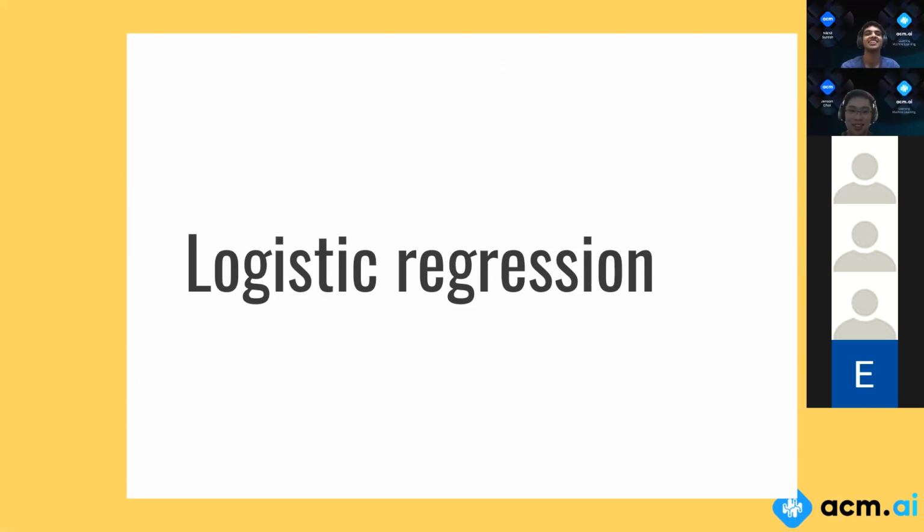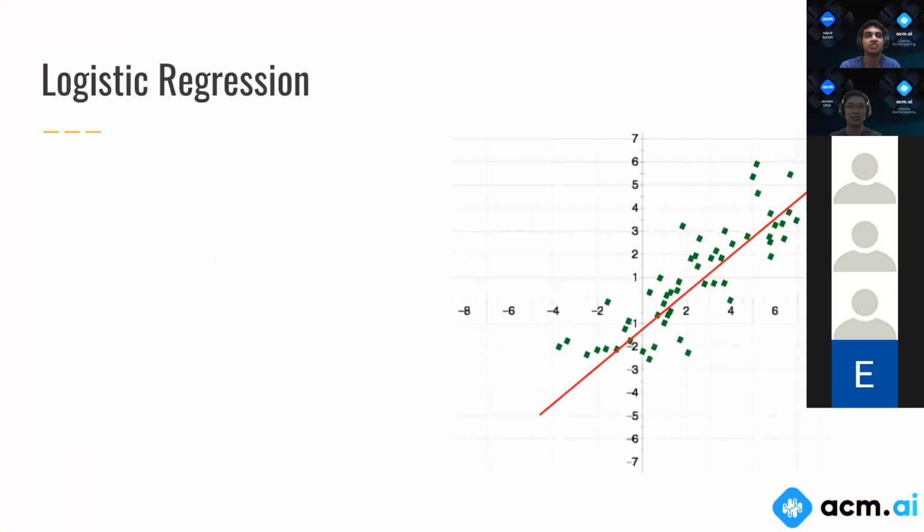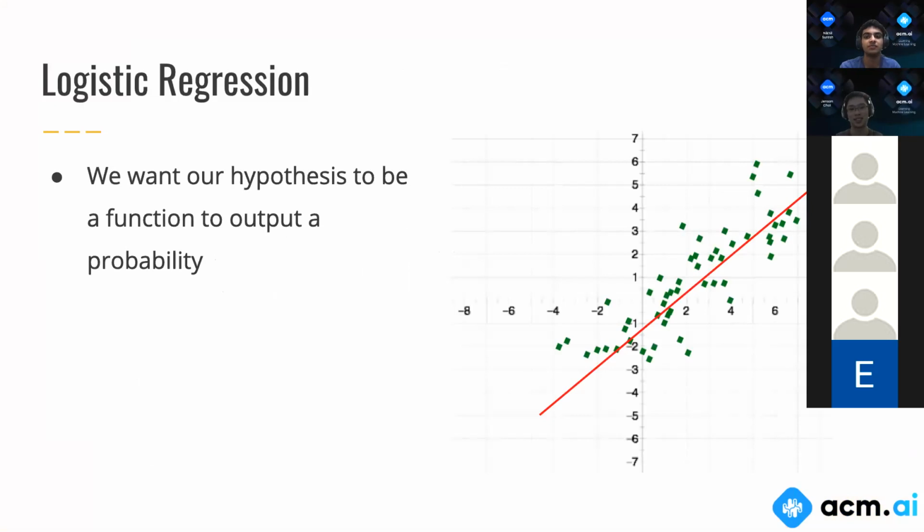Anyways, we'll get into logistic regression now. I don't think there are any huge questions. So logistic regression. I'll try to build off of our old function for linear regression and make that a function for classification. We want our hypothesis function, instead of outputting a number anywhere from negative infinity to infinity, to output a probability.